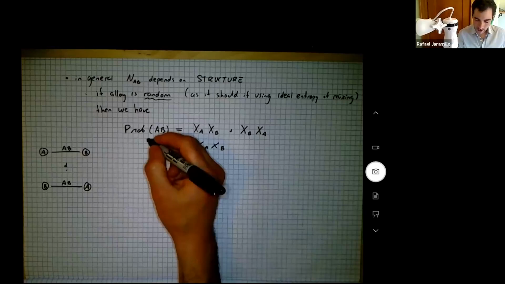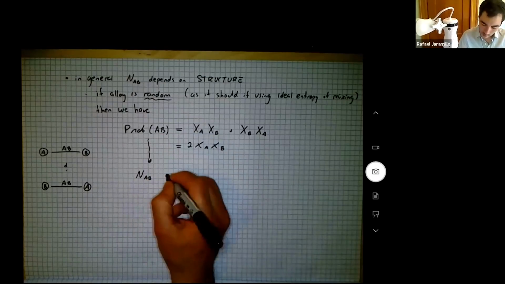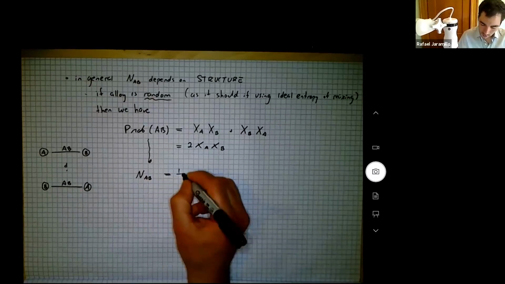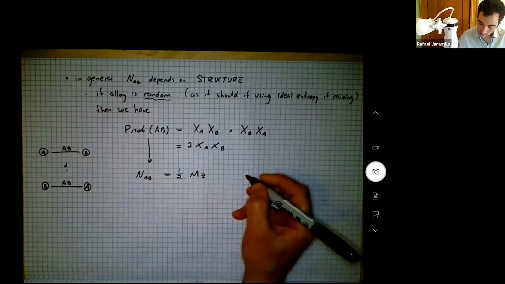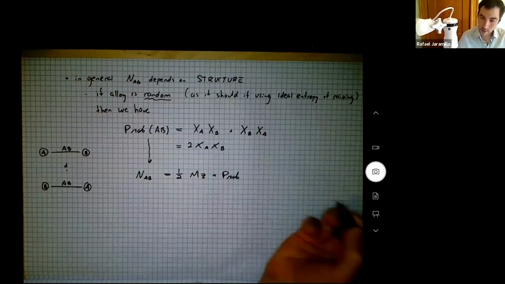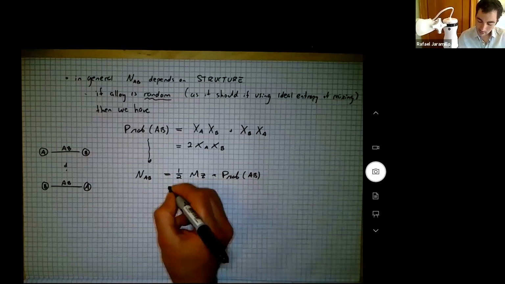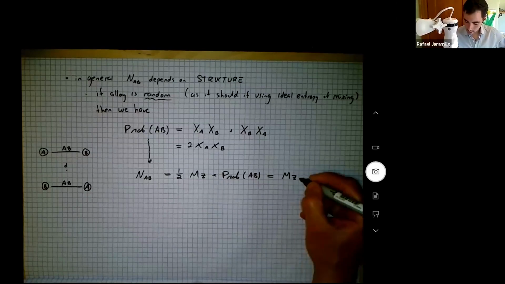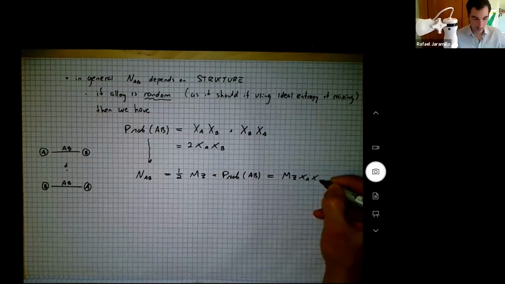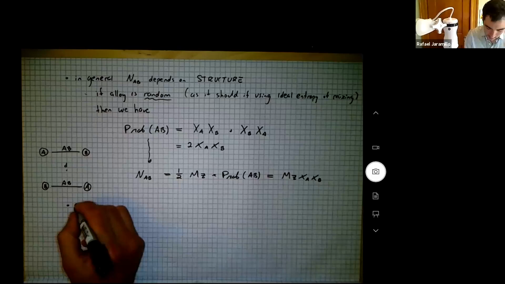So based on that, you can get NAB equals 1/2 MZ, total number of bonds, right? Times this probability of AB, which equals MZ XA XB. Okay, so now we're going to gather terms.